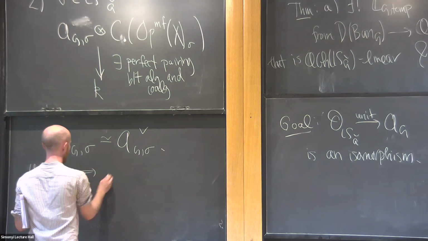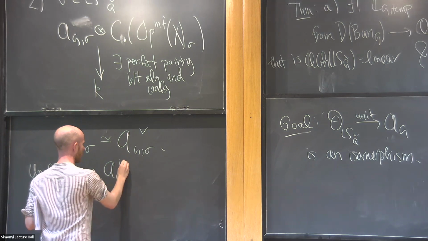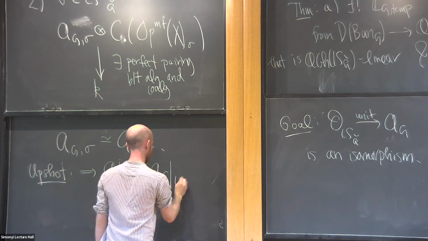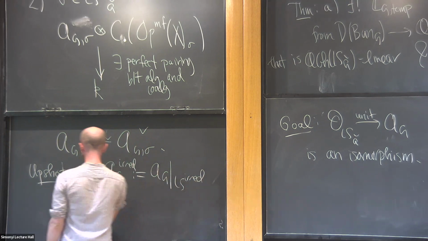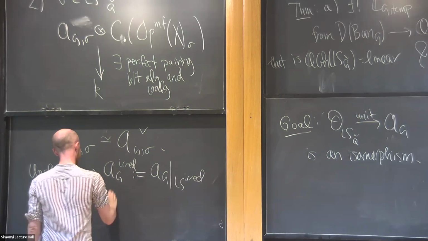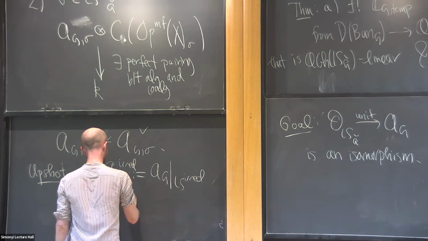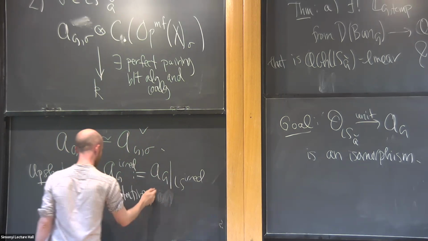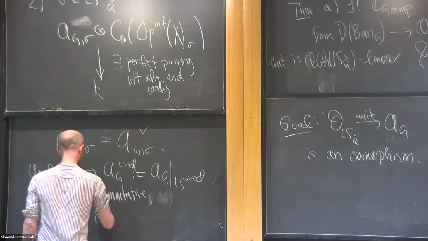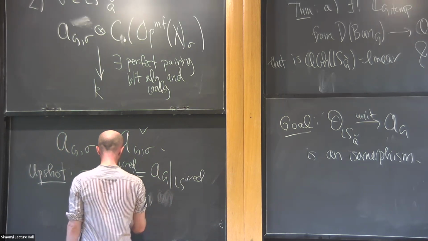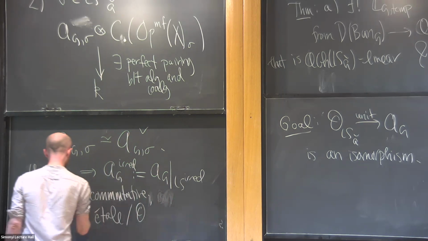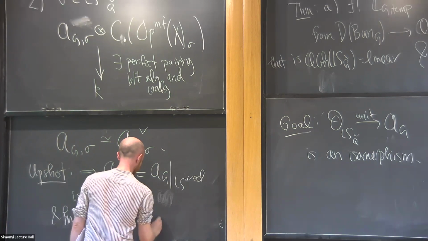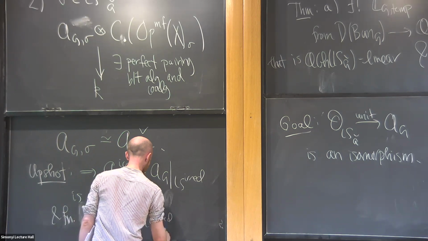And so that's going to imply that this A_G, somehow over the irreducible locus, is commutative. What's called, well, I'm going to say anti-tal, over O, and in fact finite flat, the structure sheaf of the irreducible locus.